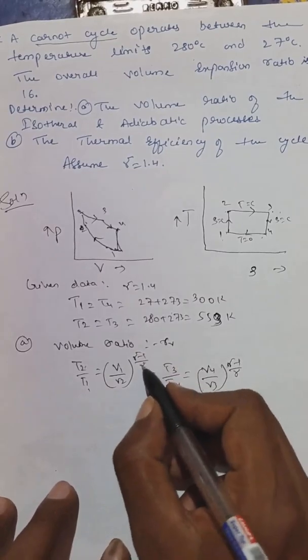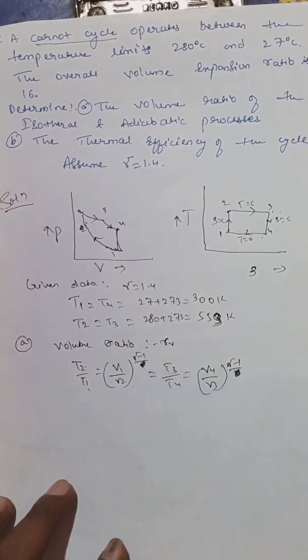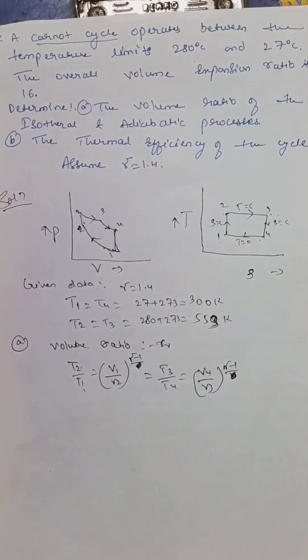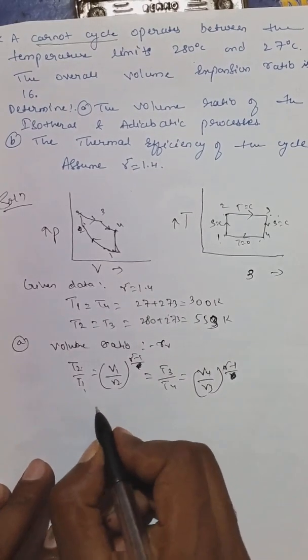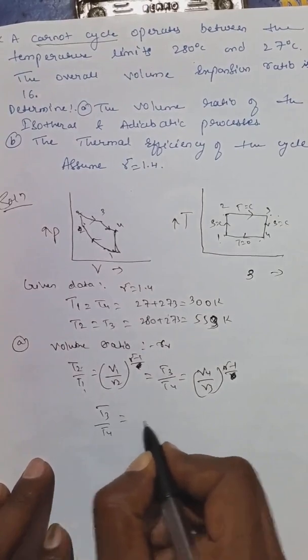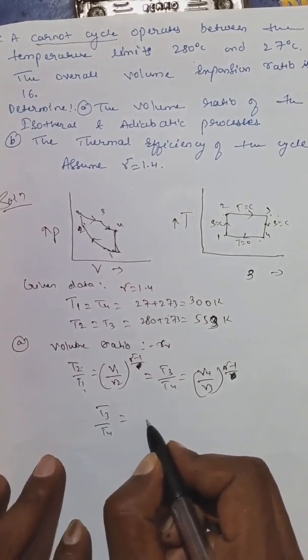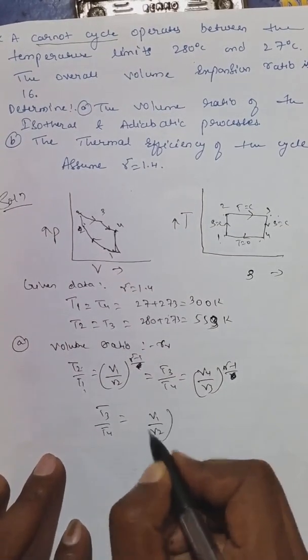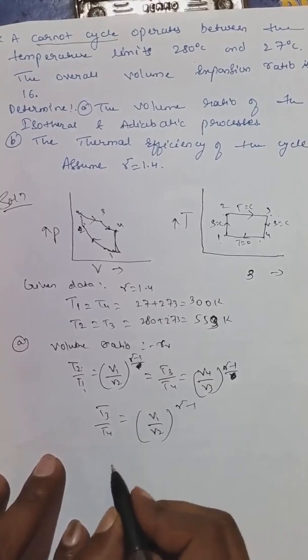Sorry, it is not gamma minus 1 divided by gamma, only gamma minus 1. Now we can take T3 by T4 is equal to V1 by V2 to the power gamma minus 1.